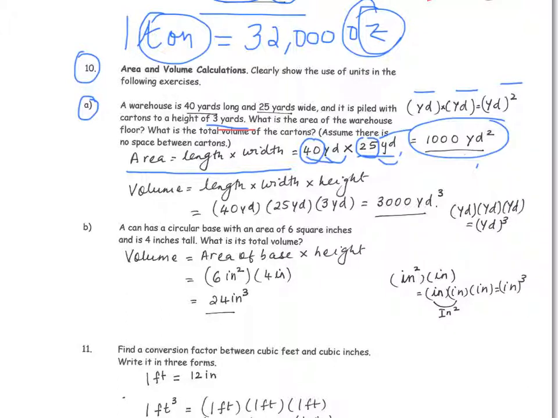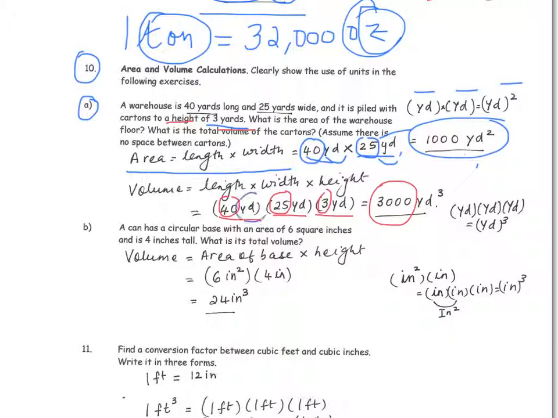Now the next part of the question says, what is the total volume of the cartons. So this warehouse is filled with cartons 3 yards high. Okay, so the volume is equal to length times width times height. So the length is 40 yards times 25 yards times 3 yards. 40 times 25 times 3 is equal to 3000.